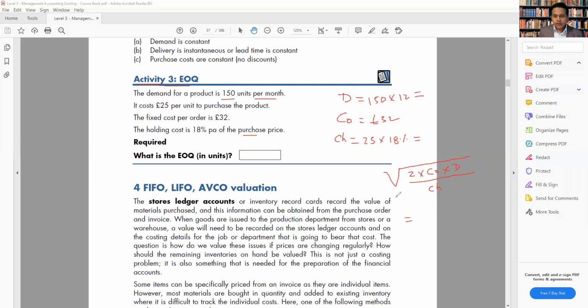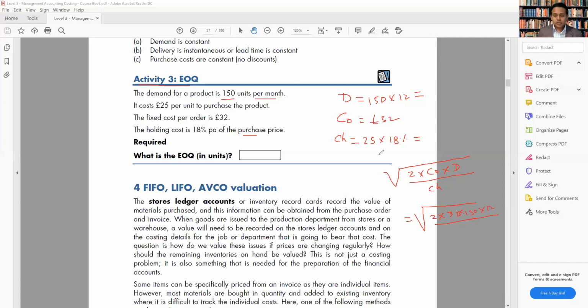On the top we have 2 times the cost of ordering, 32, times the demand, 150 times 12.